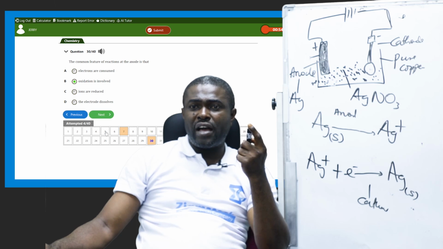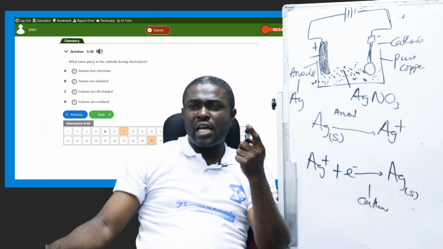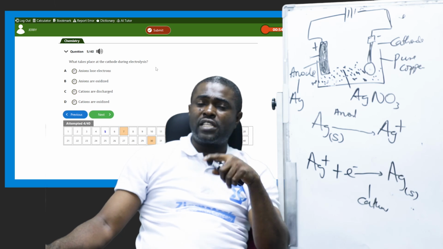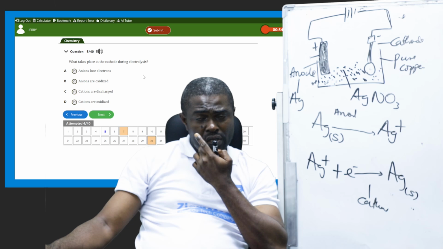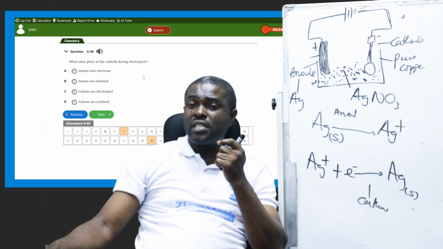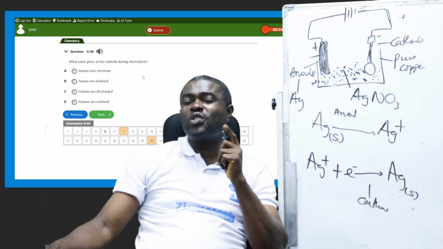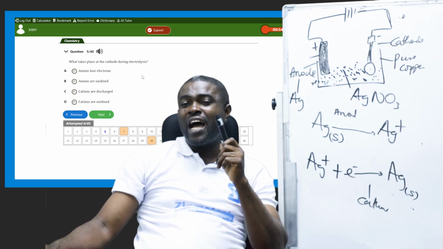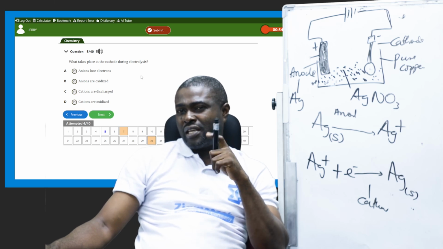Let's go to number 5. Number 5 says, what takes place at the cathode during electrolysis? If oxidation occurs at the anode, that means reduction will take place at the cathode. Electrolysis is a good example of a redox reaction, a reaction where oxidation and reduction are taking place at the same time, simultaneously.